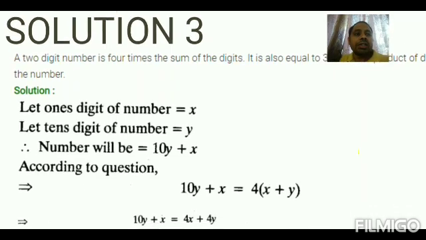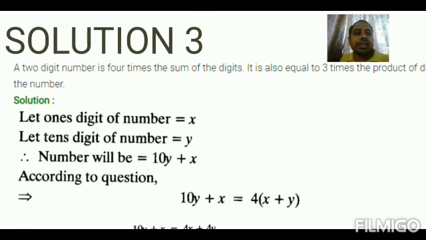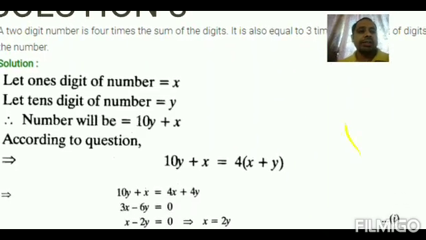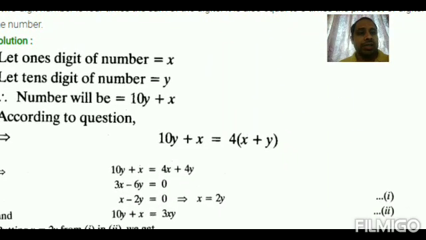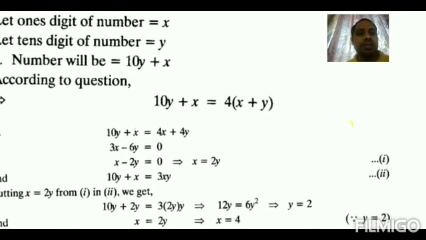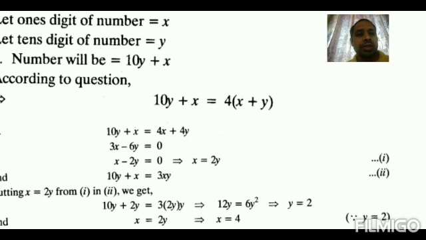Now, in the question it is given that this number 10y plus x is equal to 4 times the sum of its digits, and here the digits are x and y. Therefore, we can write 10y plus x equals 4 into (x plus y). If you simplify this one, you will get x equals 2y. This is the first statement that is given in the question.